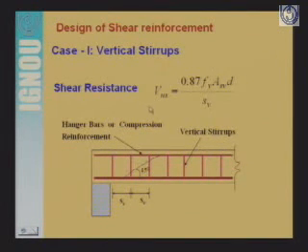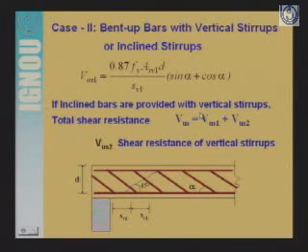So VUS2 you can take it as. So summing up these VUS1 and VUS2 for vertical stirrups, we can find the total shear resistance of this shear reinforcement, where the shear reinforcement is here a combination of bent up bars and the stirrups.